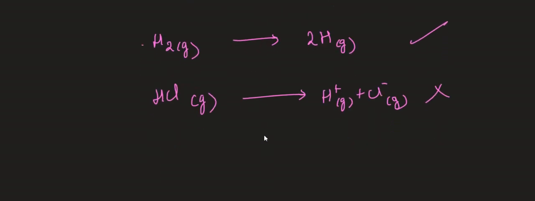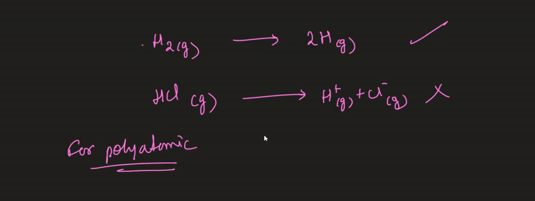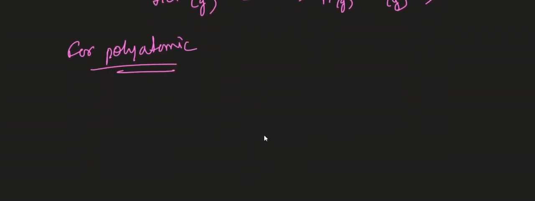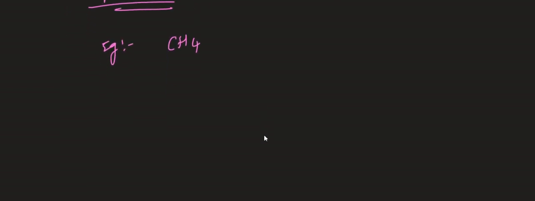Move to the next one, polyatomic. What is the meaning of polyatomic? More than two atoms. How do we find the bond dissociation energy? For example, take CH4. The structure of CH4 is C with 4 hydrogens.